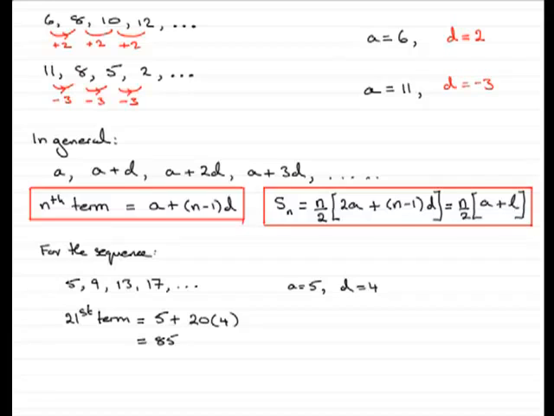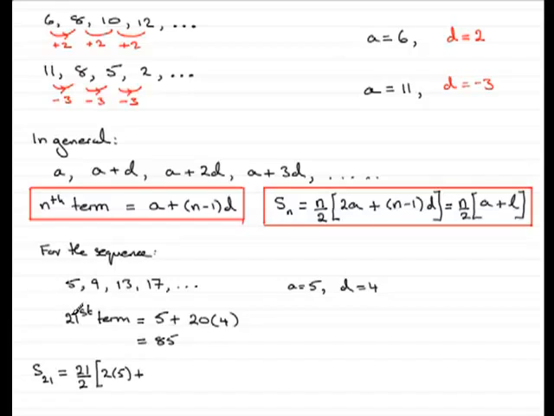So let's just show you how this works. Let's just take this series here, okay? We've got 5, 9, 13, 17 and so on. Suppose I want to find then the sum of the first 21 terms. That would be S21. And if we use the first formula here, n would be 21, so that would be 21 over 2, all multiplied by twice the first term, so that would be 2 times 5, and then it's plus n minus 1 times the common difference.